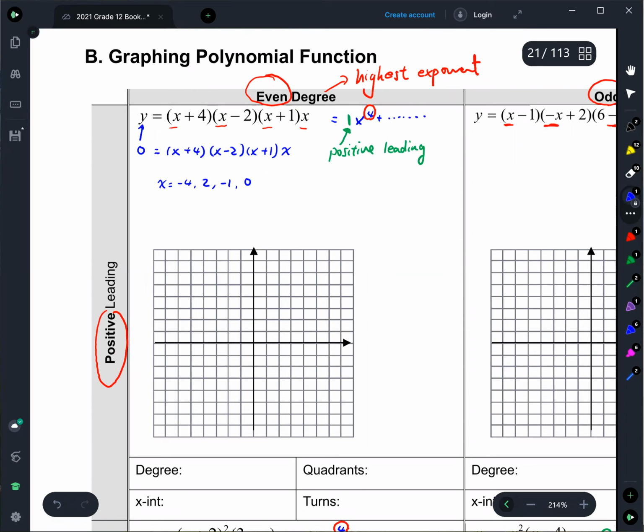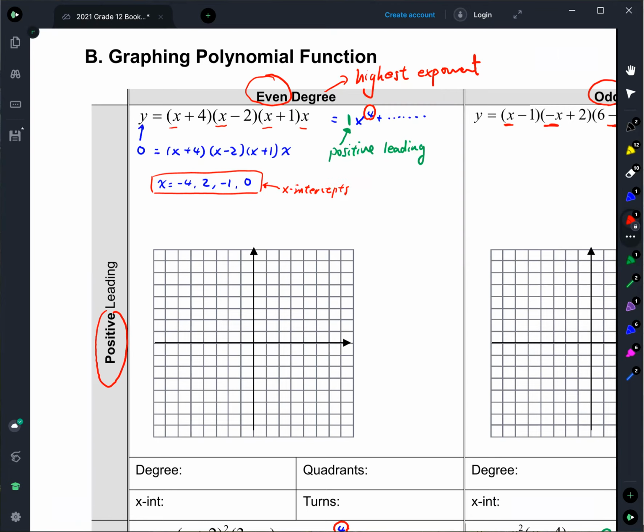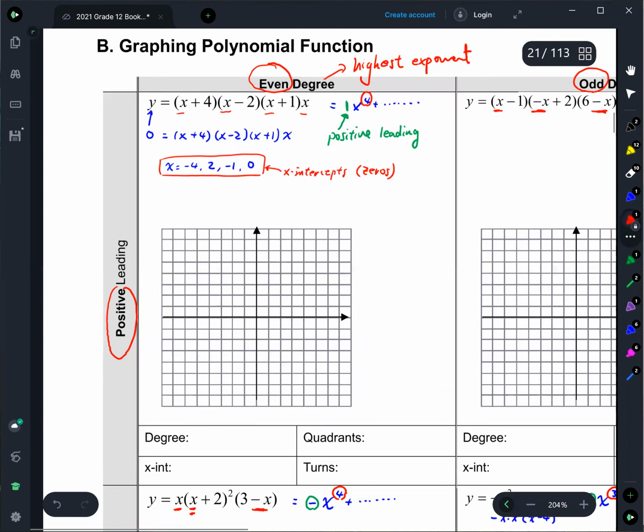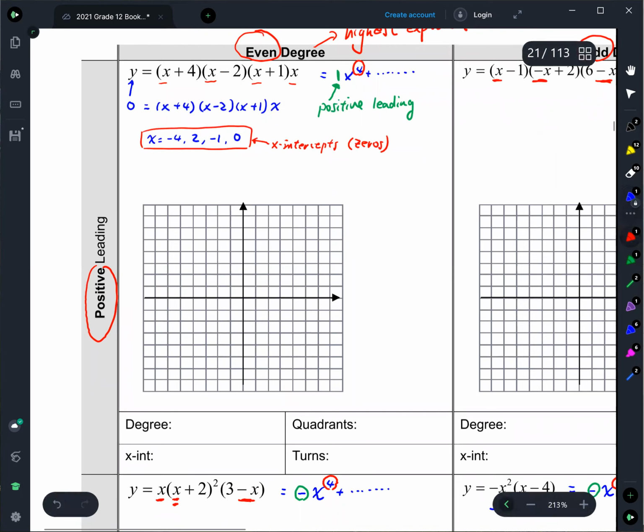These are called the zeros, because they make y equal to 0, or you can simply call them the x-intercepts. We're going to list them out in the blank down here. The degree for this one is 4. The x-intercepts are at -4, 2, -1, and 0.